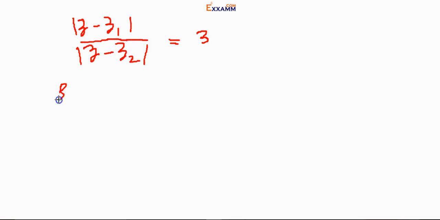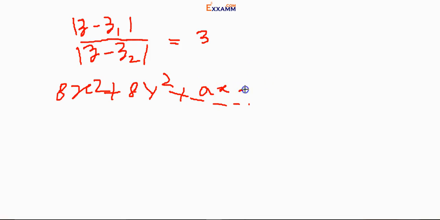Now when we have 8x square plus 8y square plus some expression in terms of x and y, say ax plus by plus c is equal to 0, then what are we getting?